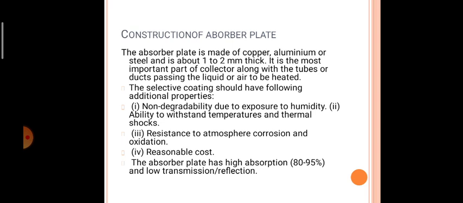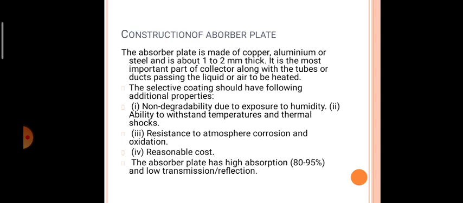As we have discussed earlier, since these flat plates are placed outside in the atmosphere where there is a possibility of precipitation or formation of humidity, fog, etc. during various seasons, the coating on the absorber plate should be corrosion resistant.